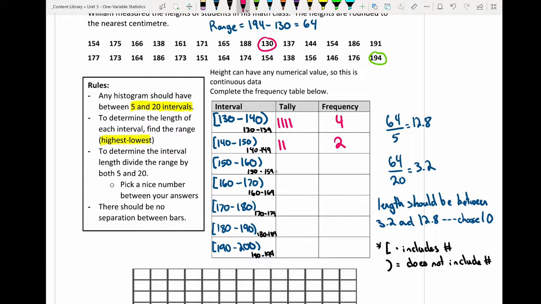And the next one, 150 to 159, there should be 5. 160 to 169, there should also be 5. So again, going through, count those numbers, see how many are in this interval.